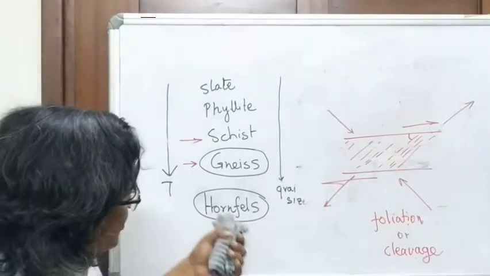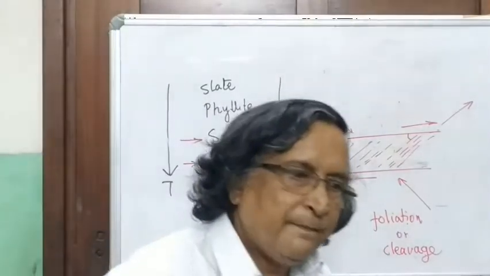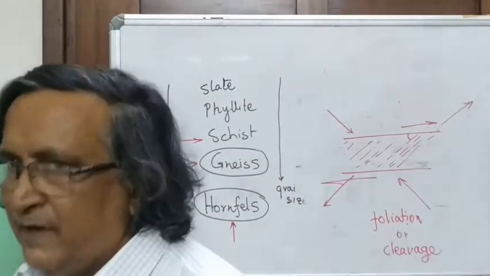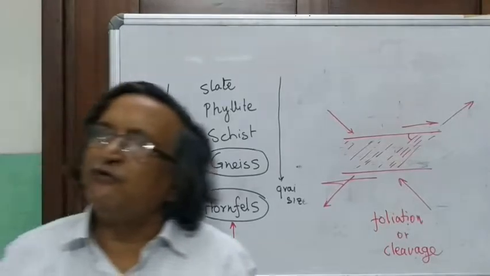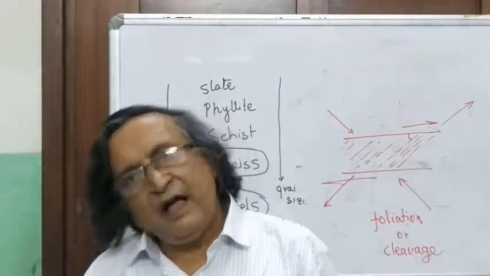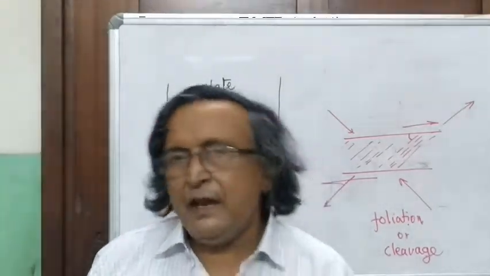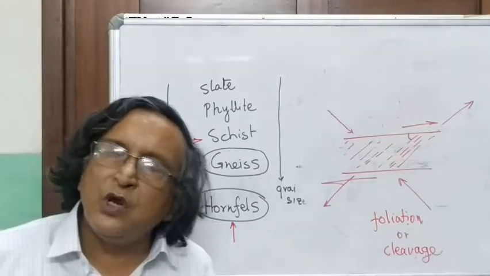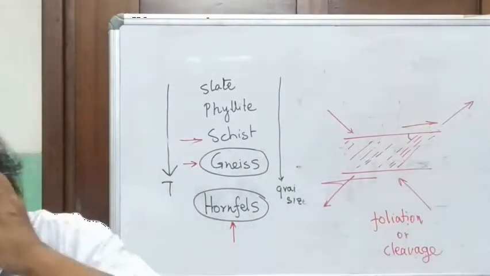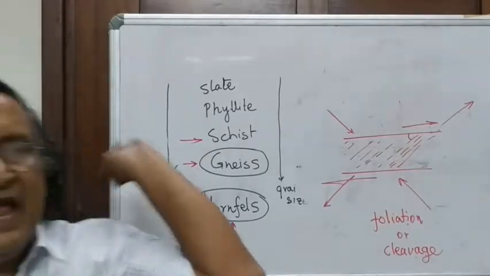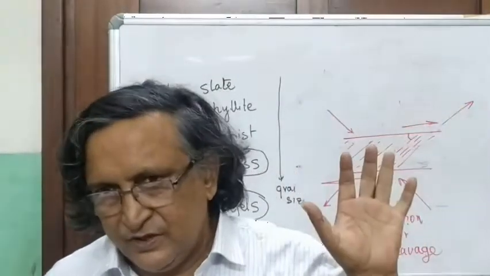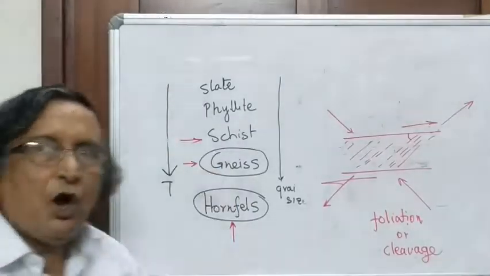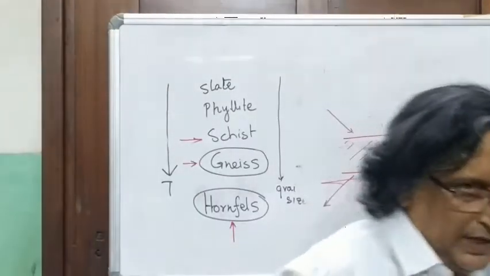So what happens in hornfels? There is very little or no alignment of any metamorphic mineral. Have you understood? So that is very important. In hornfels, the minerals are more or less randomly oriented, or they may have a very weak alignment, unlike slate, phyllite, schist, and gneiss, all of which have a very strong alignment.